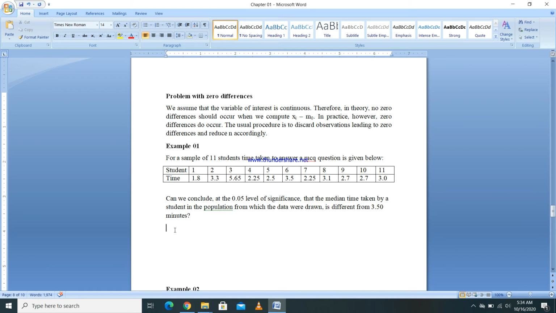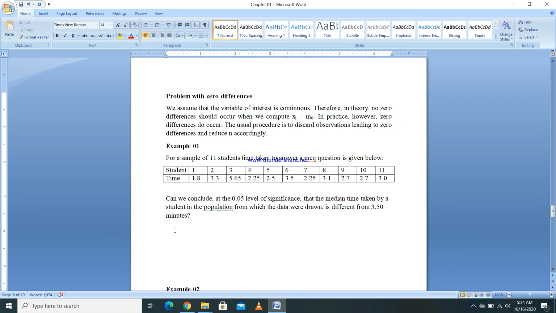The next thing you have to check is whether the observations are independent. The students' observations are independent from each other. So all the assumptions are satisfied, and because of that, we can go to the non-parametric method.